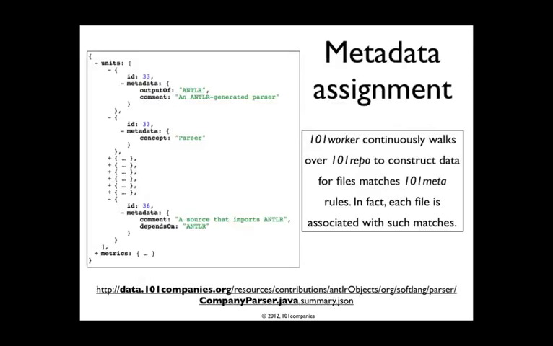And now the 101worker infrastructure indeed executes all these rules, and then it creates all kinds of files. So basically what you see here is for each and every file in the repository, there will be such a .summary.json file, and that has multiple purposes, but in particular it also lists all the metadata units that have been assigned to the file.